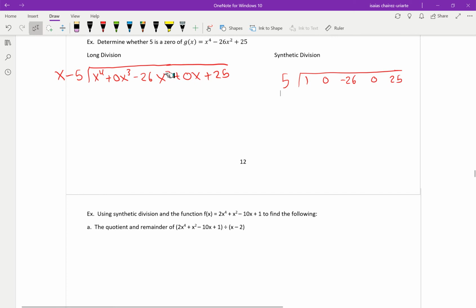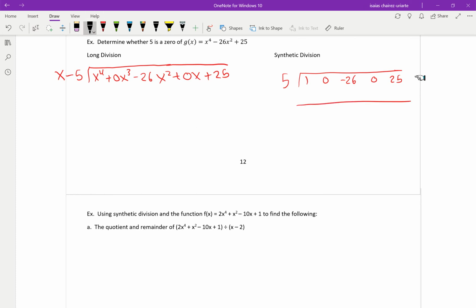It doesn't matter now which route we choose. We could play with the long division, we could play with the synthetic division. Right now the question is asking us to determine if 5 is a 0. So if 5 is a 0 of g of x, that means that the remainder at the end of the division should be 0. So let's test it. I'm going to play with the synthetic division because I think it's a little bit easier to handle. But if you want to practice with long division, by all means, do it.